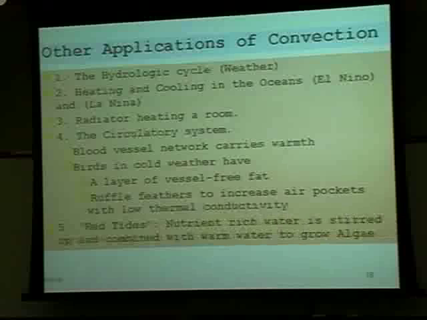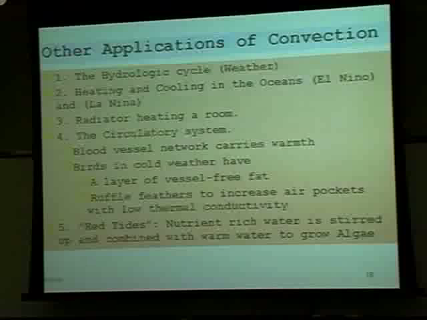Red tides: nutrient-rich water is stirred up and combined with warm water, which tends to be advantageous for the growth of algae. So red tides would be a consequence of convection, mixing nutrient water into non-nutrient water in spring and fall.